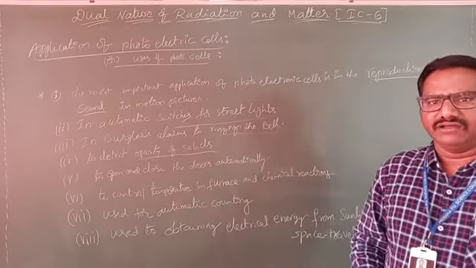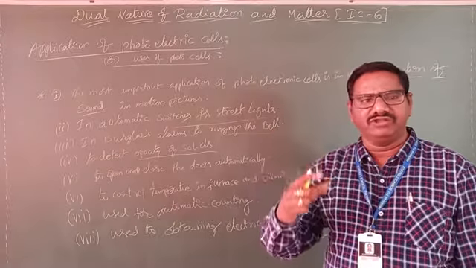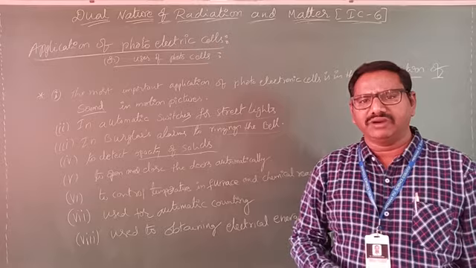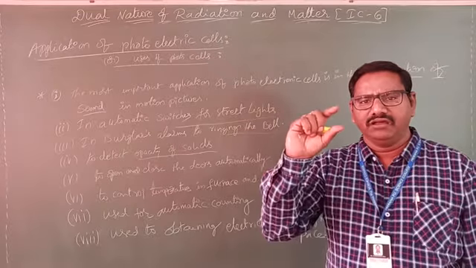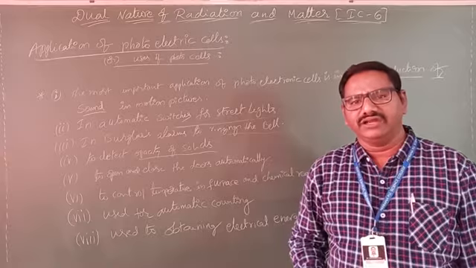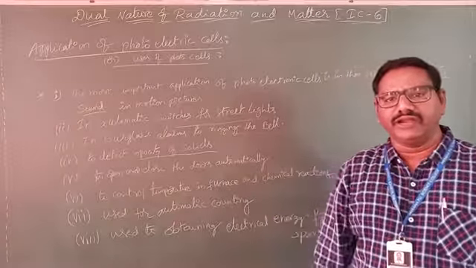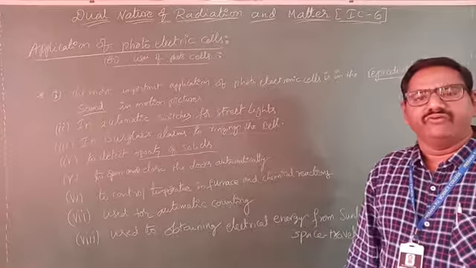Suppose we want to count 1,000 or 10,000 nails, then they will count immediately. In automatic counting, we use these photocells.